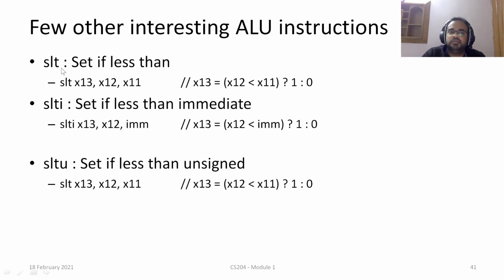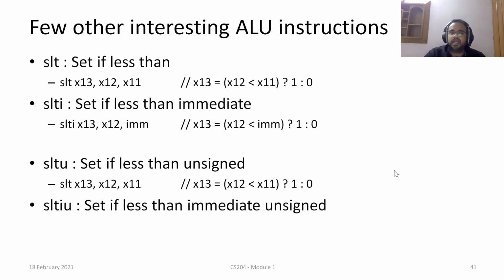So if we simply use SLT, the values in x12 and x11 will be interpreted as signed numbers, but in SLTU, the values will be interpreted as unsigned numbers and the comparison is done. We have an unsigned variant for the immediate version also, SLTIU.